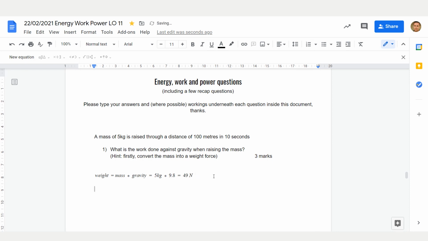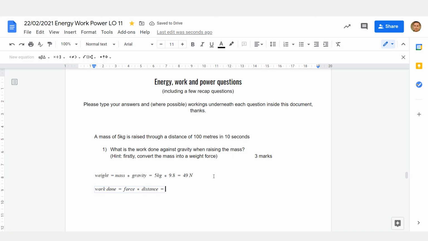So on a new line, work done is equal to force times distance, and the force being the weight.